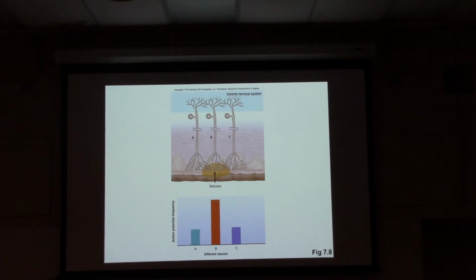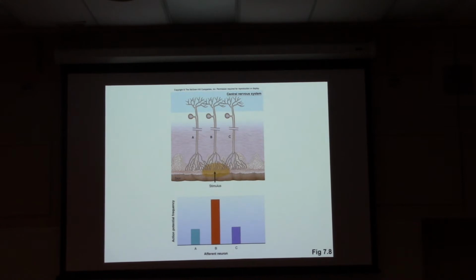All right, so we've got 3 receptors here embedded in the skin, and a stimulus is going to occur right in the middle. So it actually stimulates neuron B, but it also stimulates A and C a little bit. And if you look at the action potential frequency generated by all 3 of these neurons, B has the highest frequency. A and C have something less than that, but they're still responding.